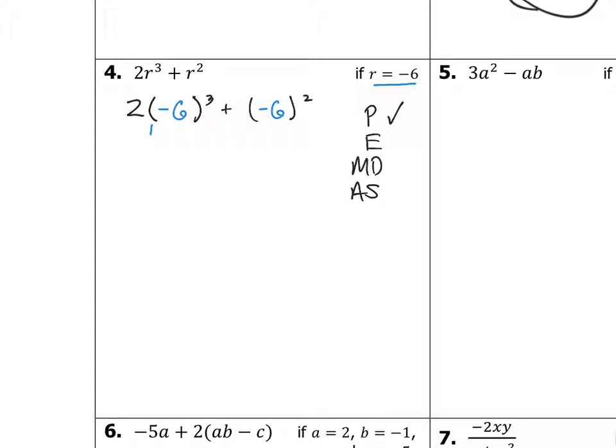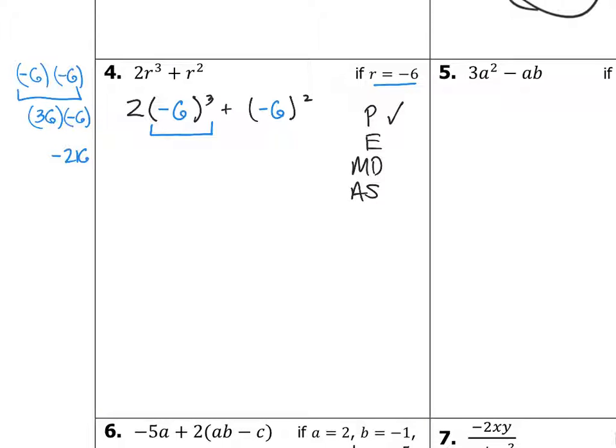I have a negative 6 to the third power, which, if you remember, means negative 6 times negative 6 times negative 6. Well, negative 6 times negative 6 is 36. And then if we multiply by one more negative 6, we're going to get a negative. 36 times 6 is 216.